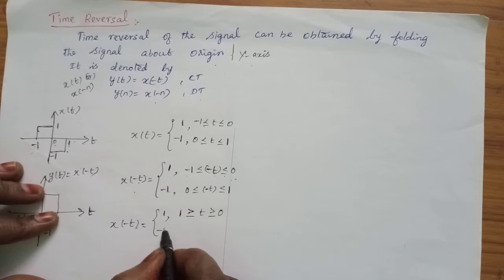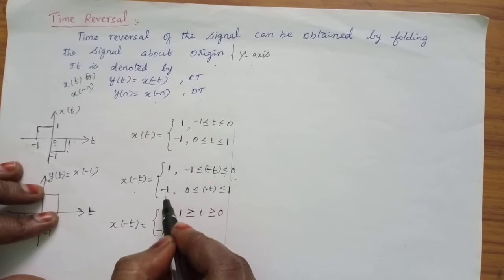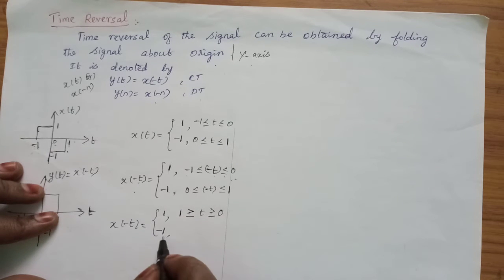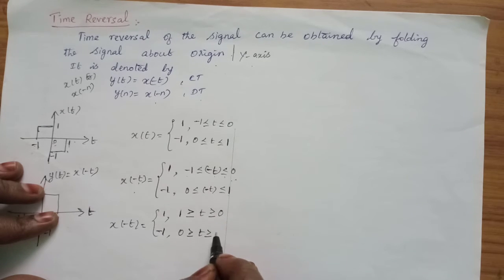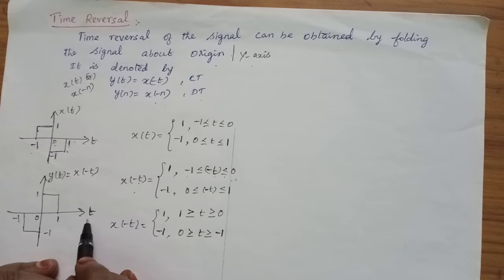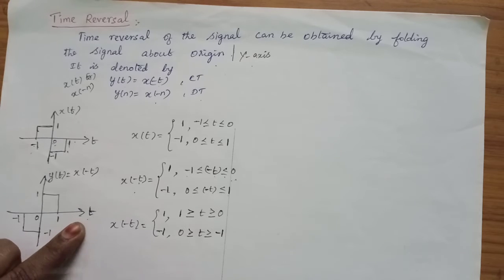Okay, and the 1 and minus 1 are amplitude values, so we should not change these amplitude values. Minus 1 for 0 greater than or equal to, this minus t will be plus t, and here greater than or equal to, this 1 will be changed to minus 1. That is, we are changing the limit from minus t to plus t, because we are plotting the signal for t, not for minus t.